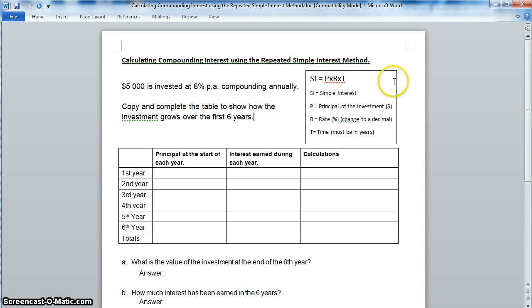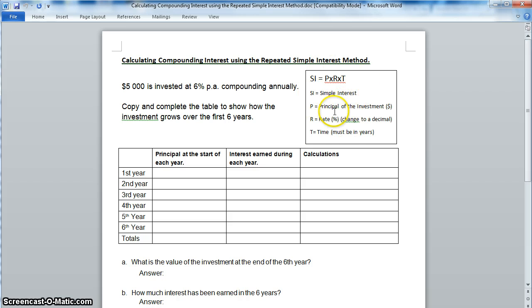And we need to remember the simple interest formula, which is P times R times T. SI stands for simple interest, P stands for principal, R stands for rate, remember, needs to be changed to a decimal, and time needs to be in years.